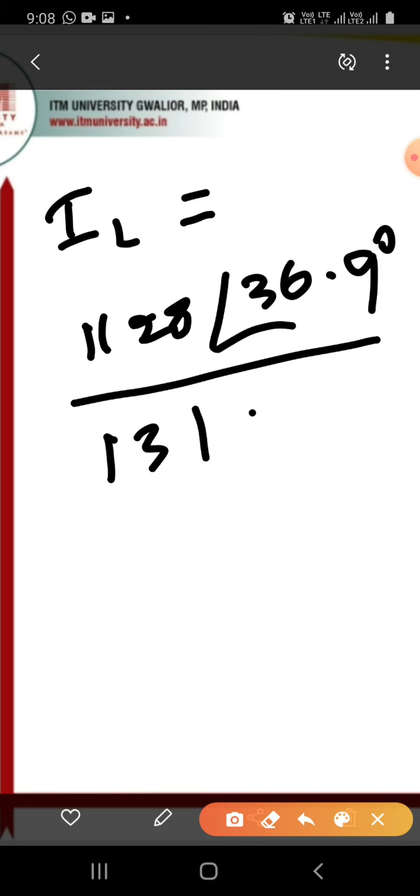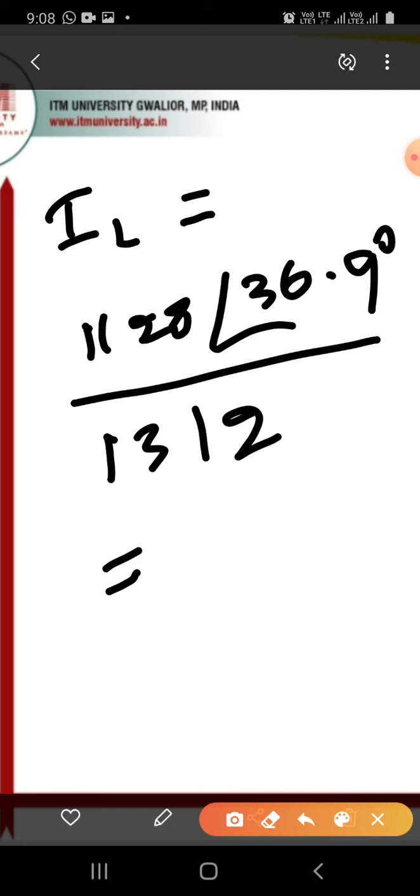As per the per unit calculation, I want to calculate the current IL in per unit. In our previous calculation I got IL as 1128, and the angle was 36.9 degree, divided by 1312, which is our base current. When calculating the per unit, it is the actual current over the base current.